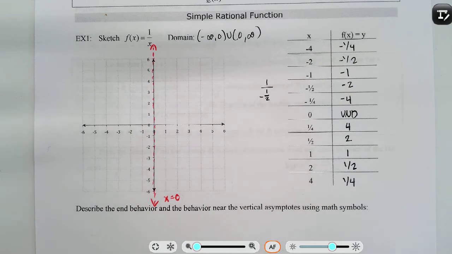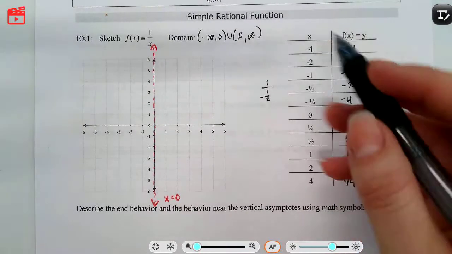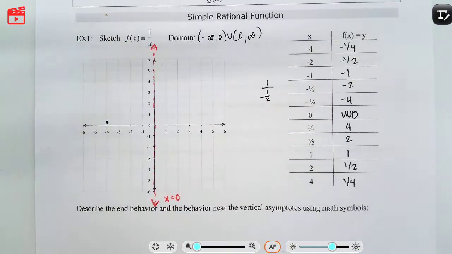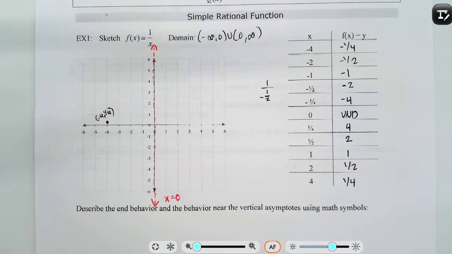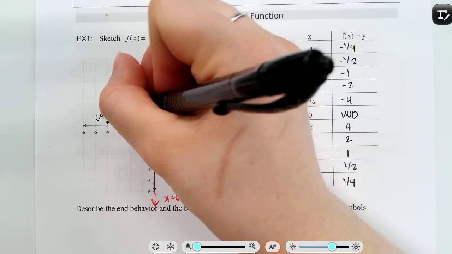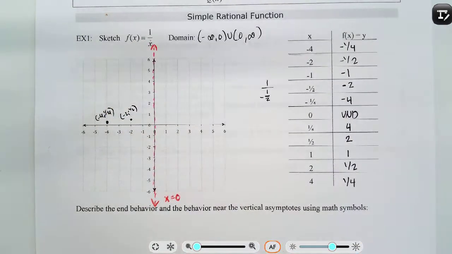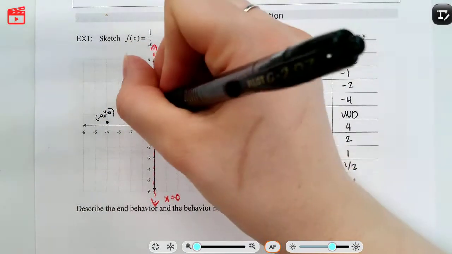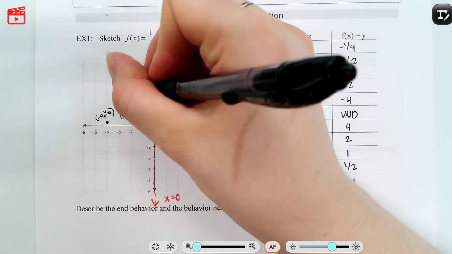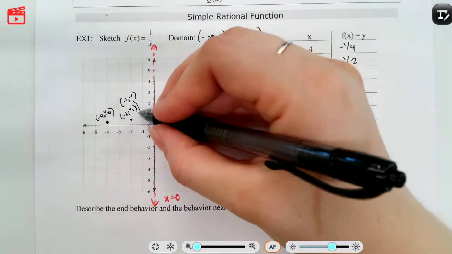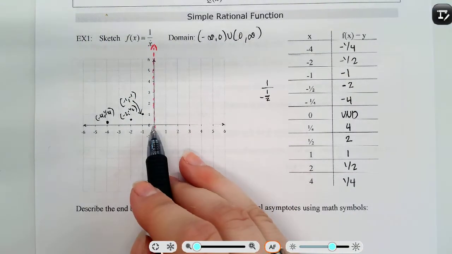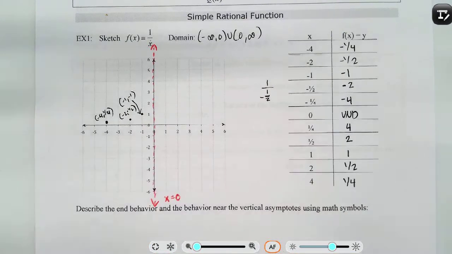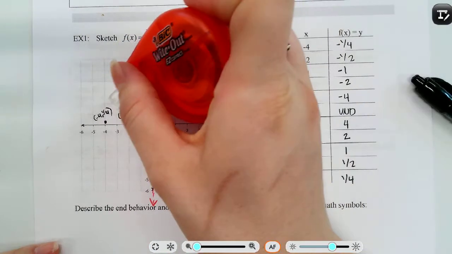Let's go ahead and plot these points. Negative 4, negative 1/4. Negative 2, negative 1/2. Negative 1, negative 1. Negative 1/2, negative 2. Oh, I just realized I was plotting those on the wrong side. Back up here.